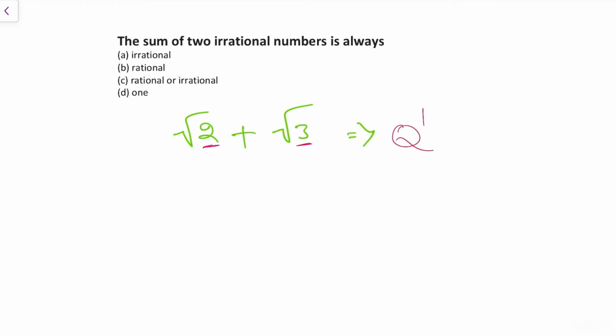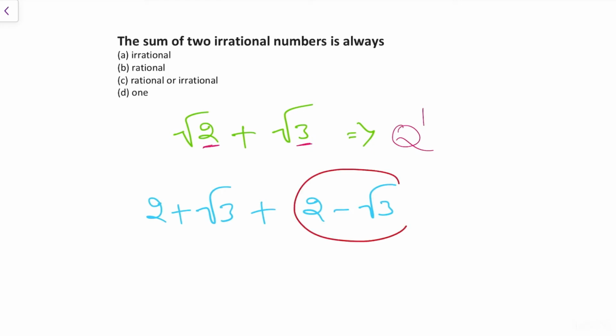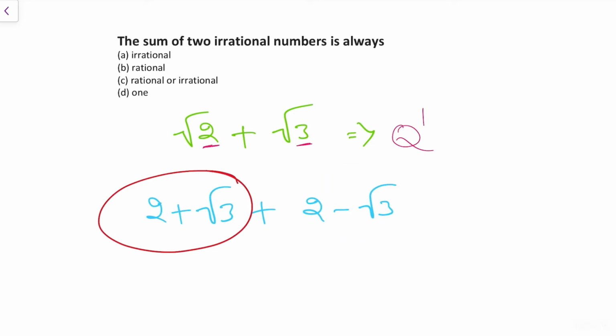Next, I am taking one more irrational number, that is 2 plus root 3, and I am adding this irrational number with one more irrational number 2 minus root 3. Here 2 minus root 3 is an irrational number and 2 plus root 3 is an irrational number. Both the irrational numbers I am adding. So what happens? Here plus root 3, here minus root 3 cancel.